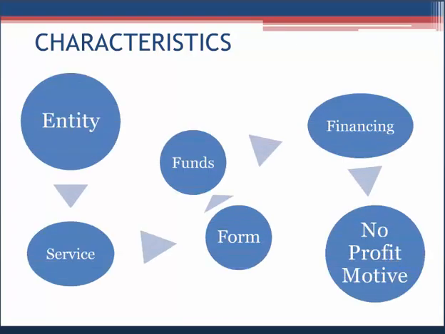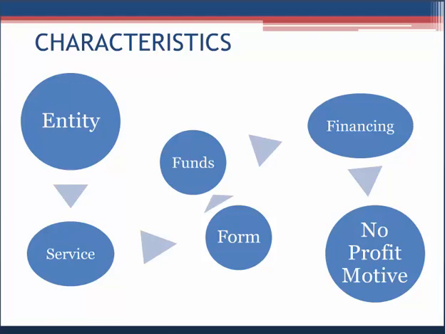Taking a leaf out of the basic introduction, we can put certain characteristics of an NPO. Whatever we have learned in the introduction, I'm just summarizing a bit. The characteristics of an NPO are, now you can see them: entity, service, form, funds, financing, no profit motive. The first one to start with is an entity. An NPO is an organization or an entity.